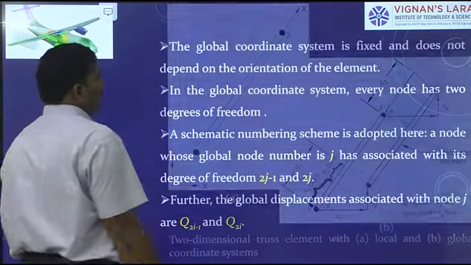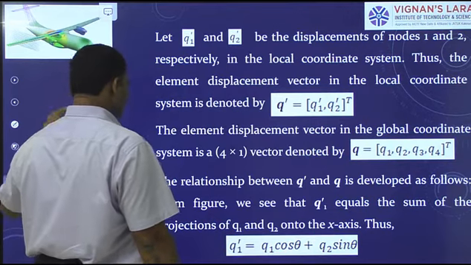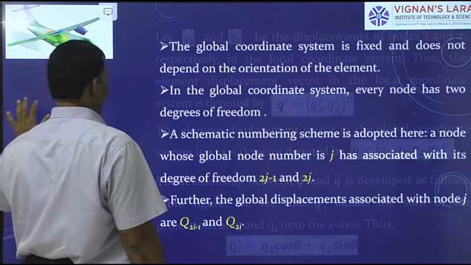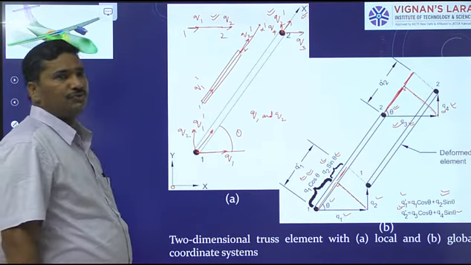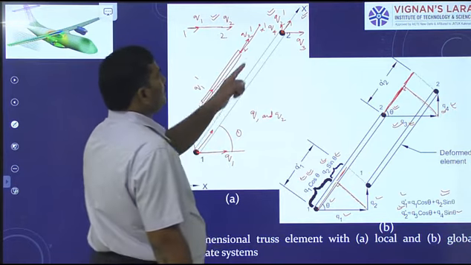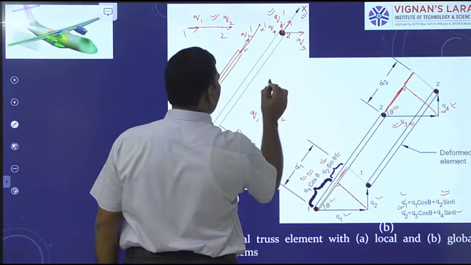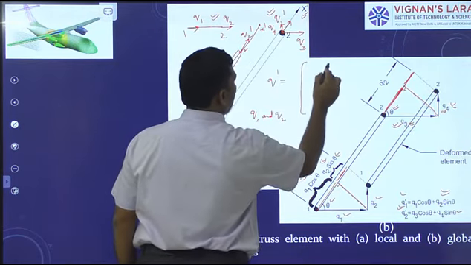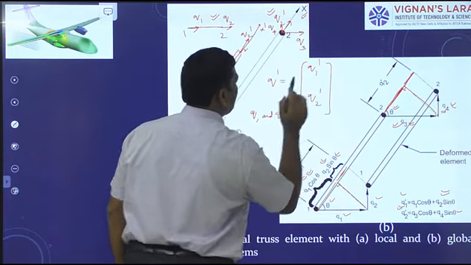Before you represent in matrix form, define the element displacement vector in terms of the nodal displacements defined with respect to the local reference frame. The element displacement vector here is denoted by Q dash, which is a column matrix having the elements Q1 dash and Q2 dash.